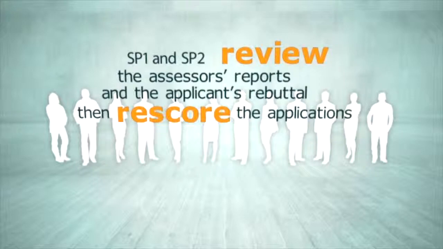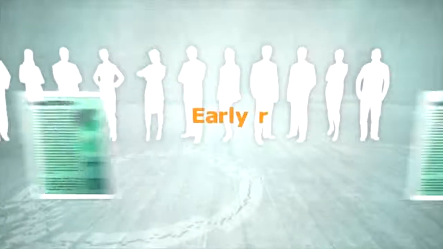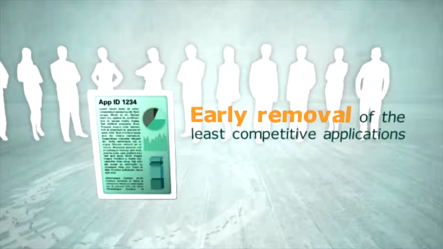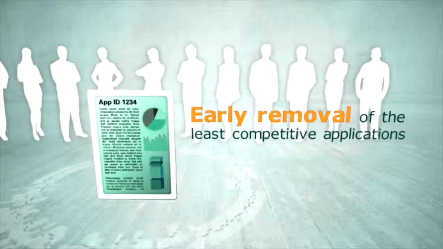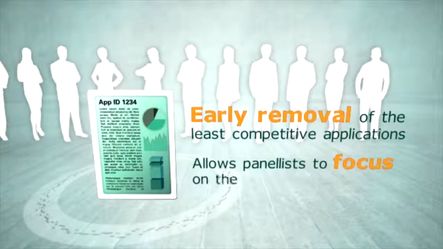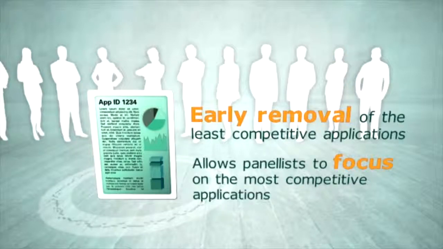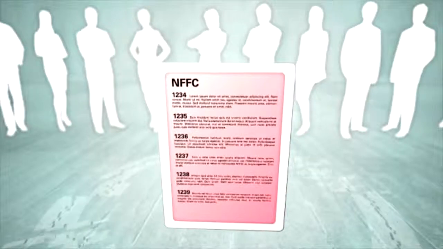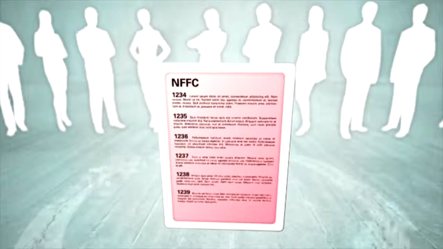With so many applications for each panel to review, early removal of the least competitive applications will make this task a little easier and allow panellists to focus on the most competitive applications. A list of applications is compiled by the NHMRC based on spokesperson scores, and these are now considered not for further consideration, or NFFC.